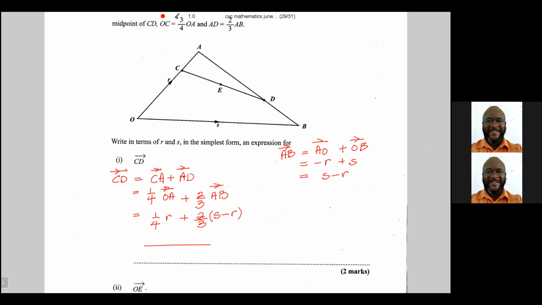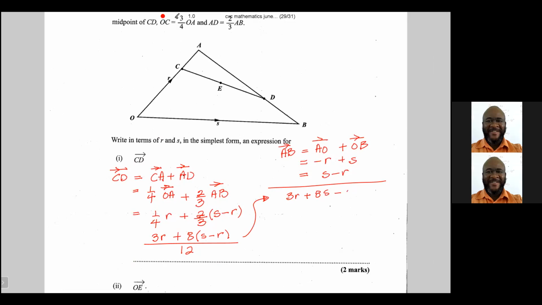The LCM is 12. 4 into 12 goes 3 times. 3 times R is 3R. 2 into 12 goes 4 times. 4 times 2 is 8. S minus R. Separate this. All right, so this is 3R plus 8S minus 8R, and this is over 12.